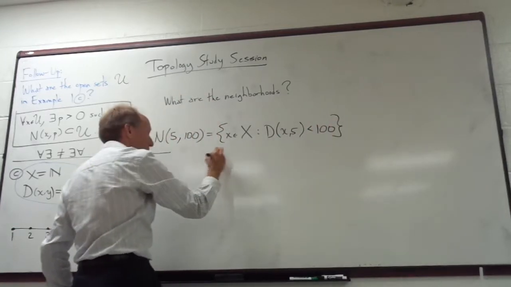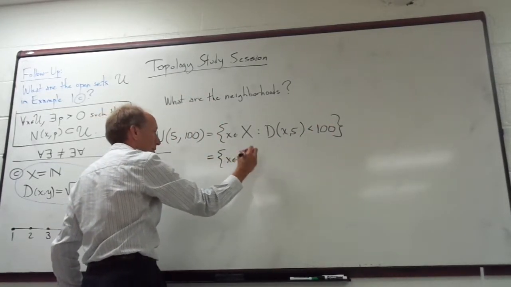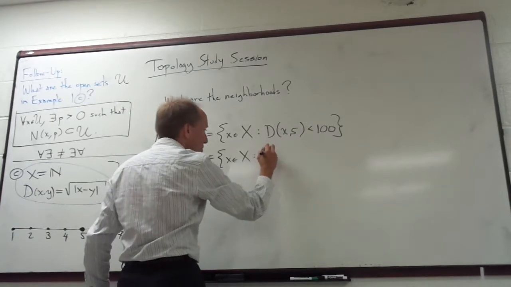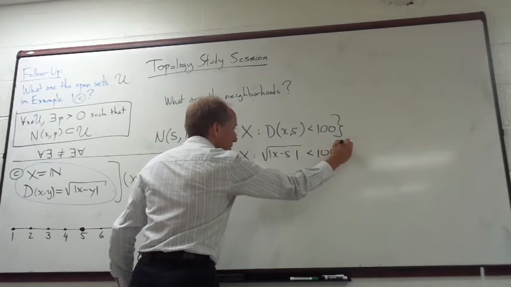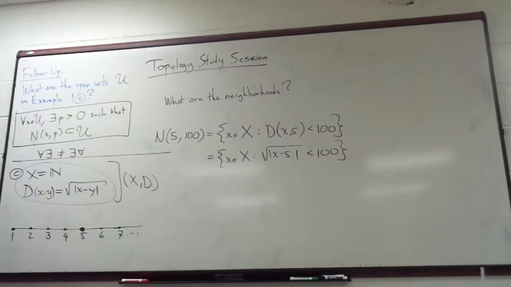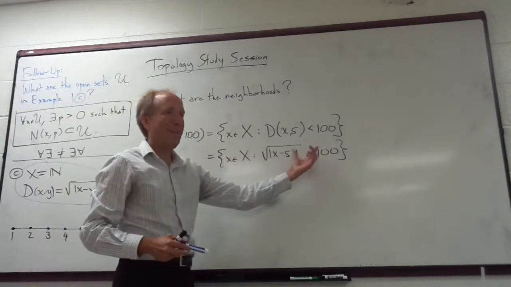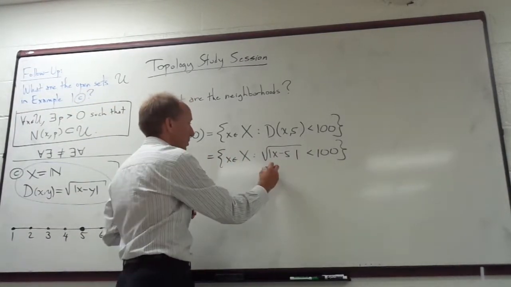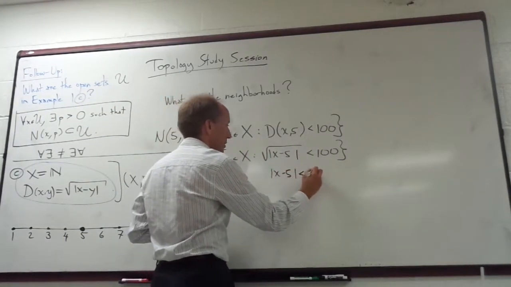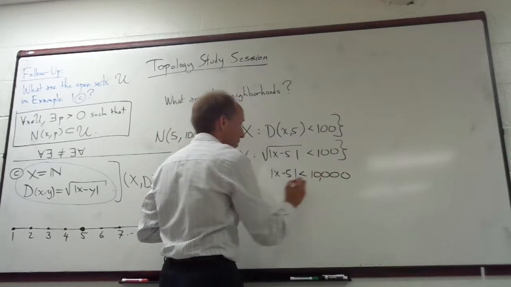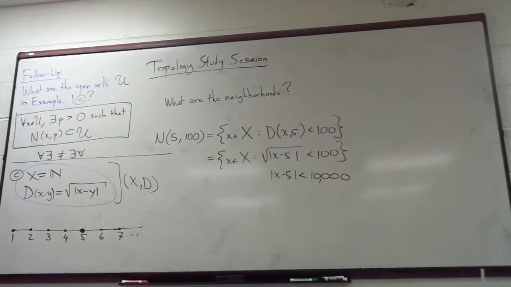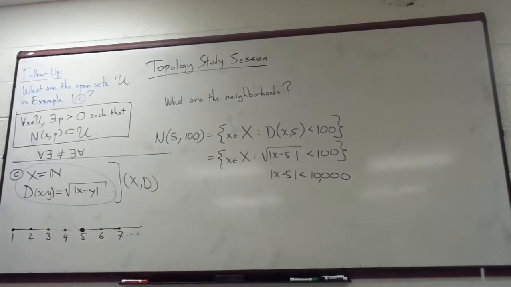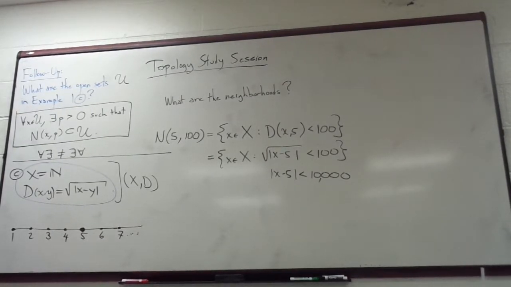In other words, it's the set of points in the natural numbers such that the square root of the absolute value of x minus 5 is less than 100. It's the set of all of the points that satisfy this condition. Or in other words, x minus 5 is less than 100 squared, which is 10,000. So it's just all of the natural numbers that are within 10,000 units of the number 5.